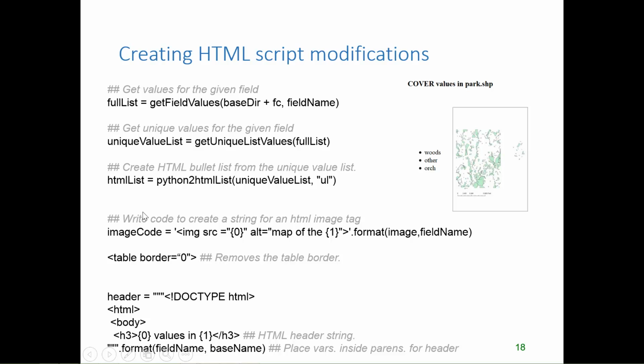The next thing you had to do was create an image tag for the image that you wanted to insert. So that would have IMG src equals something, and here we're using string formatting to dynamically pass in that image name. And the script that was given to you had the relative path conveniently to the image already.